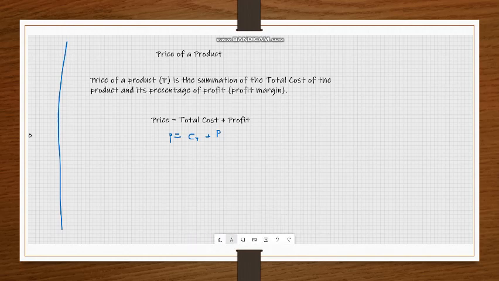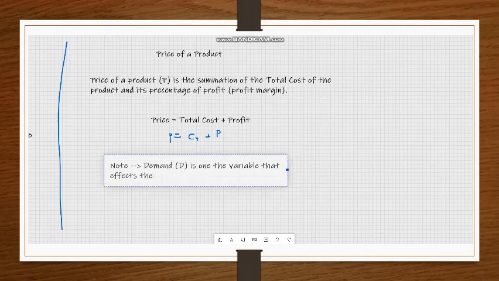Let's make another note here. We know that demand, which is D, is one of the variables that affects the price, P. We know that from our previous lecture, right?